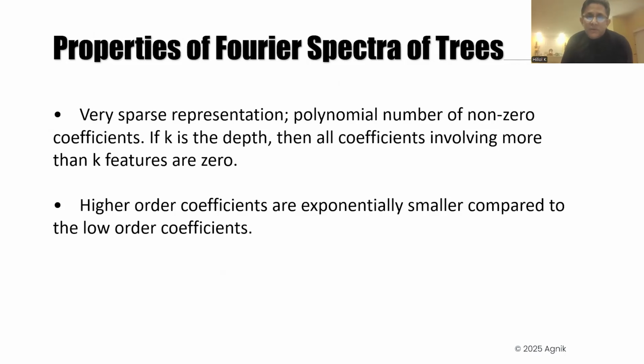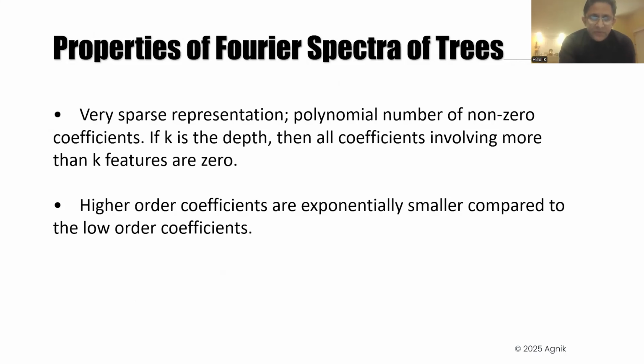Moreover, the higher order coefficients that depend on multiple features are exponentially smaller compared to the lower order coefficients. So if you want to approximate a decision tree in the Fourier representation, you may be able to neglect some of the higher order Fourier coefficients.